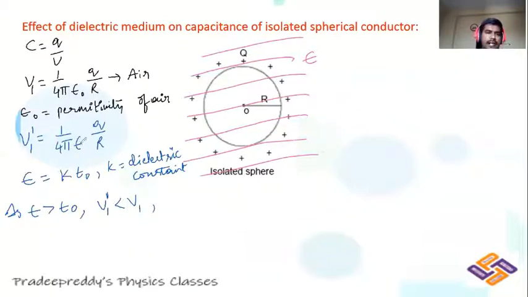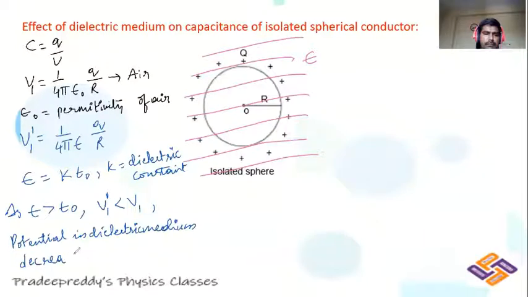As epsilon is in the denominator, V1 dash is less than V1. That means potential in a dielectric medium decreases. As V1 dash is less than V1, the new capacity C dash will be greater than C.